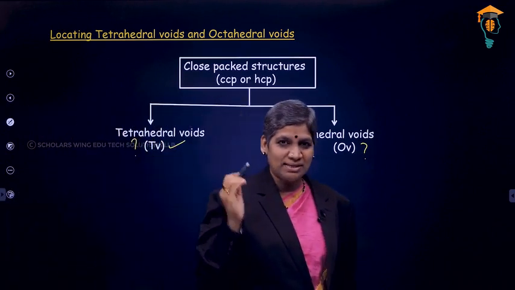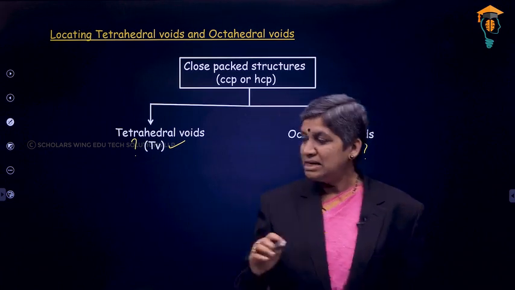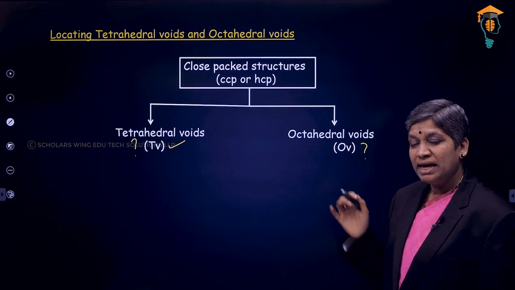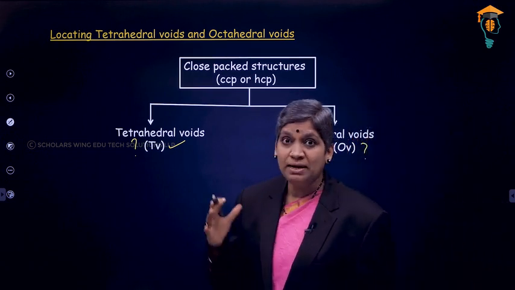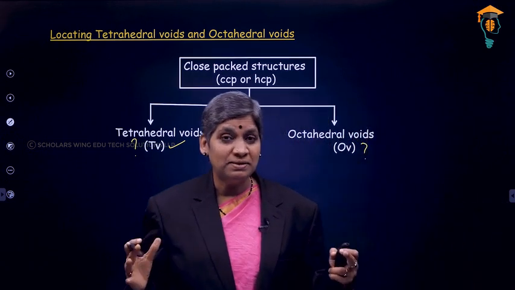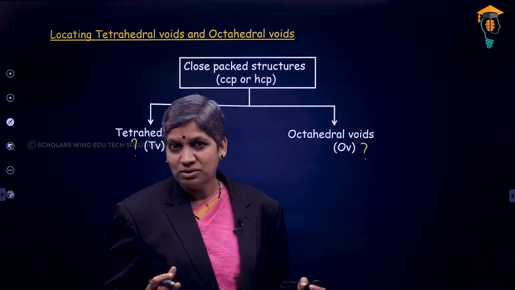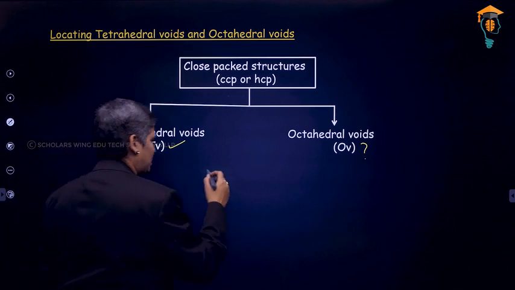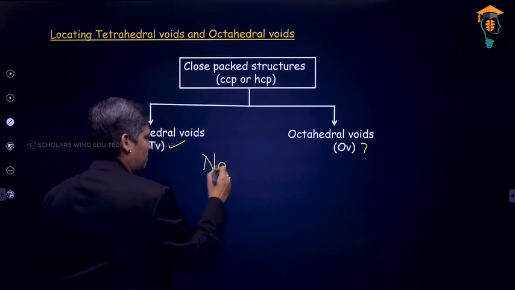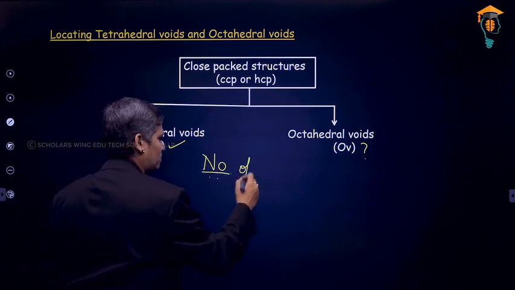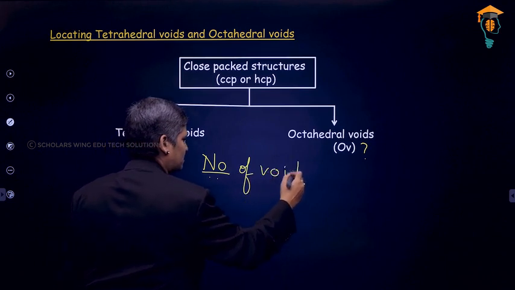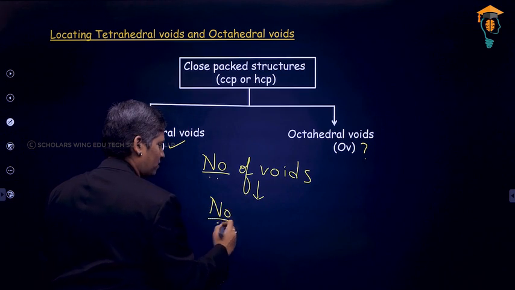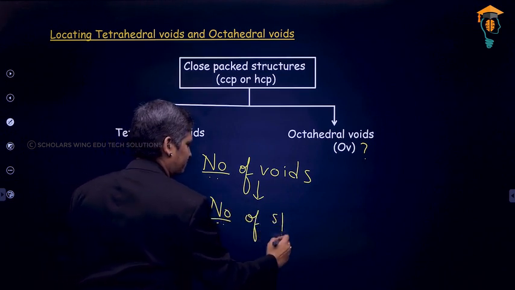I made one statement in my previous video that the number of these voids, either TV or OV, in fact depends on the number of spheres present in these structures. Okay, this is a most important statement. So let me recall once again for you: number of voids present depends on the number of spheres.